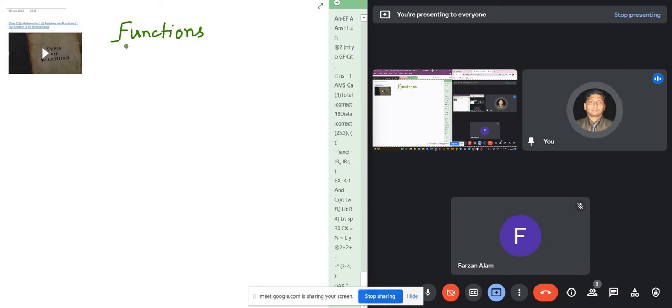Function is a one type of relation, right? Where every element of domain has one and only one image in codomain. That type of function is called function. एक बार फिर से repeat कर रहे हैं. The function is a one type of relation where every element of domain has one and only one image in codomain.